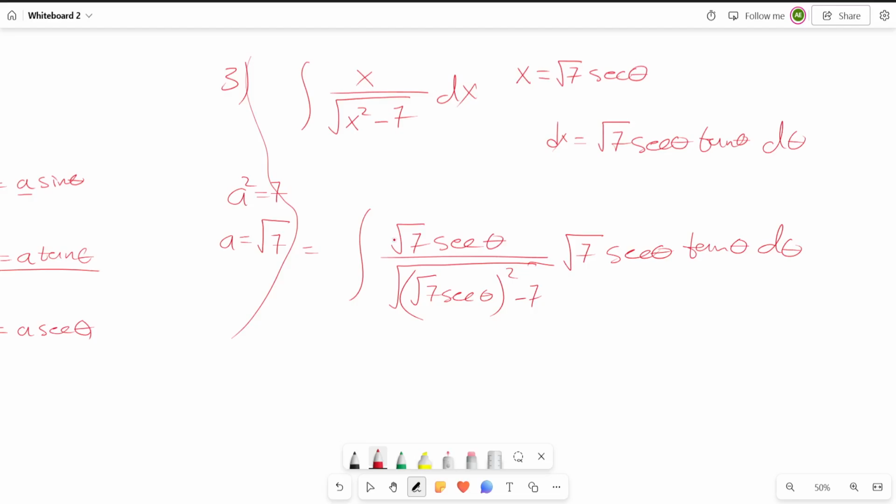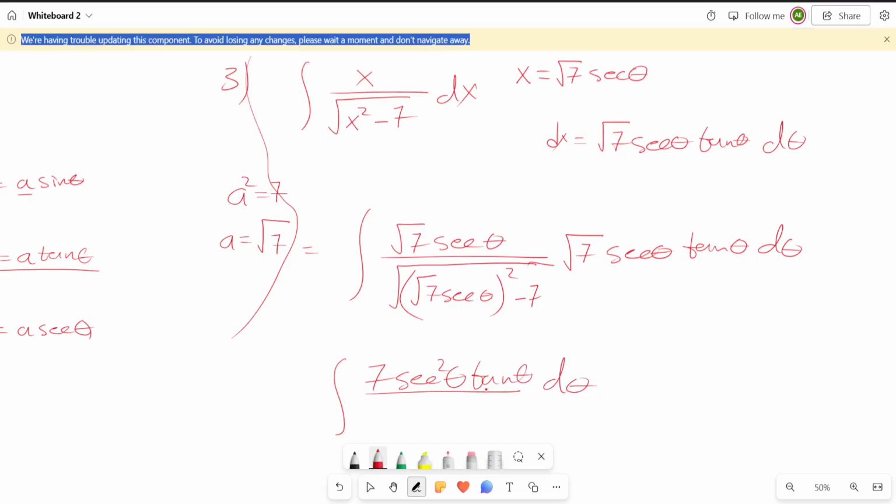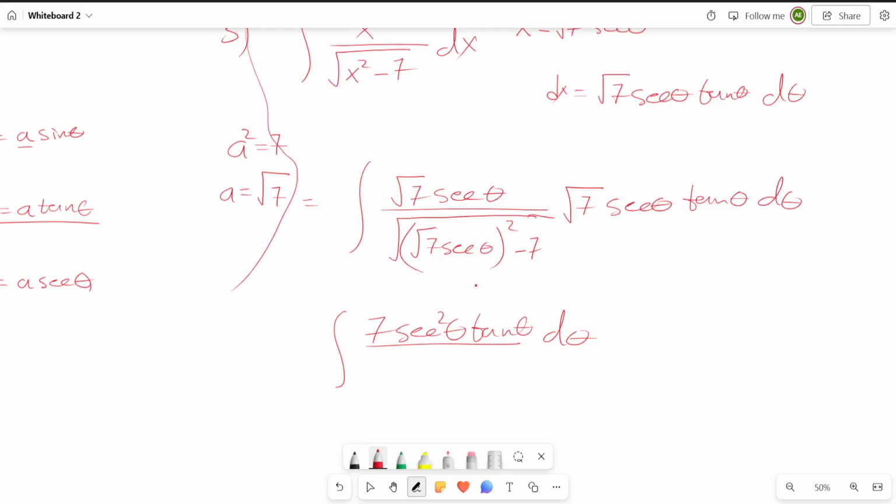So over here, first root 7 times root 7 becomes a 7. So this is integration of 7 secant theta times secant theta becomes secant squared theta times tan theta d theta. And over here, I can distribute this power 2. So square root of 7 power 2 is basically 7. This is all under the square root. So this becomes 7 secant squared theta, because secant theta squared is secant squared theta, minus 7.